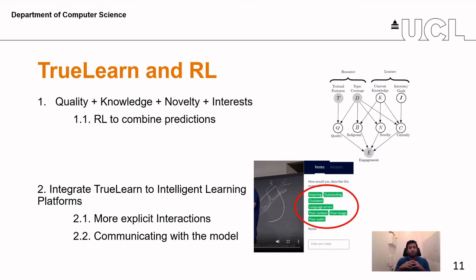And this might lead to having multiple models that use these different aspects to predict engagement of the learner. Reinforcement learning is a great tool for us to use in order to combine these predictions together in order to make better ensemble predictions on engagement of learners.